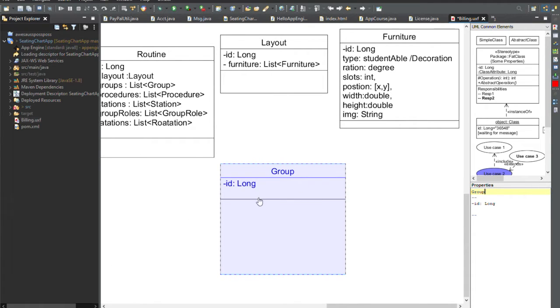And so now we have our group here. What does our group consist of? Well, obviously it has students, right? Which is a list of students.